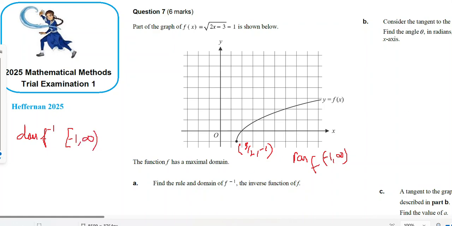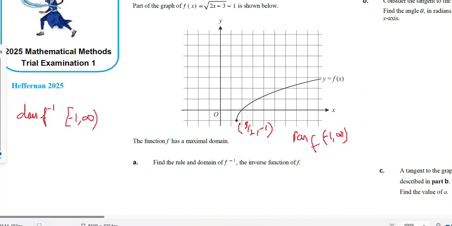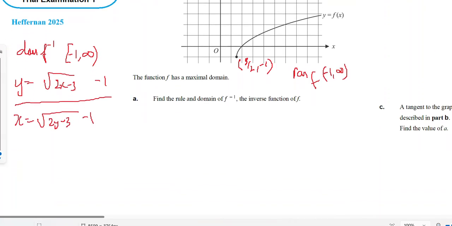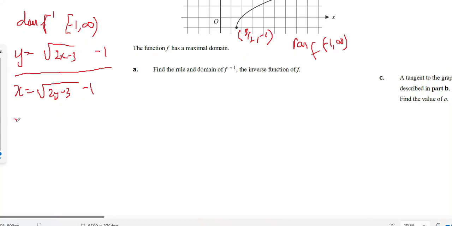And the rule should be, if I write y equals the square root of 2x minus 3, minus 1, swap them, x equals the square root of 2y minus 3, minus 1. x plus 1 equals the square root of 2y minus 3.